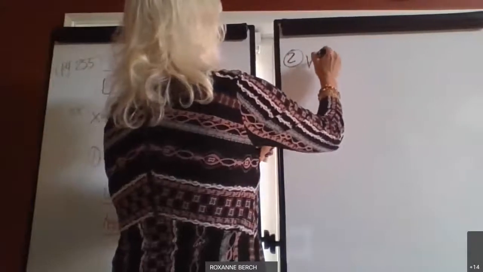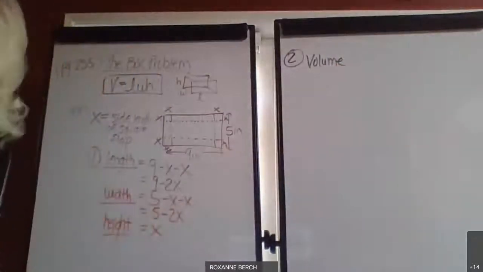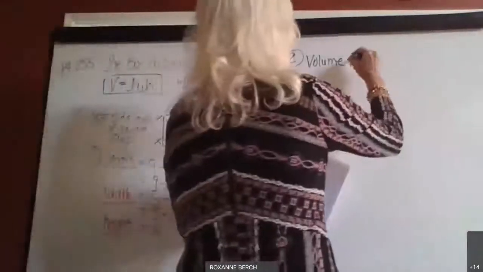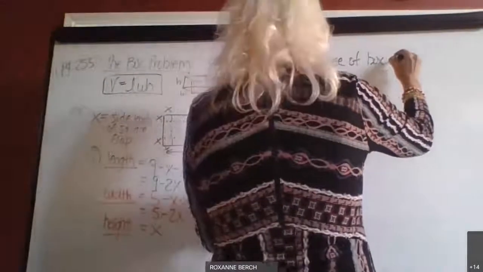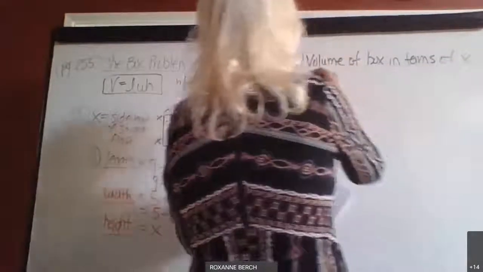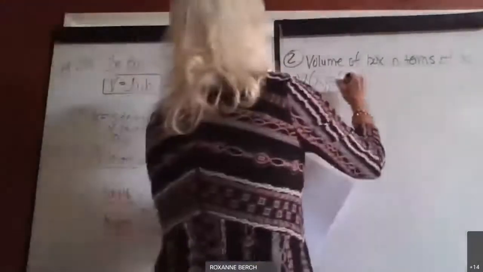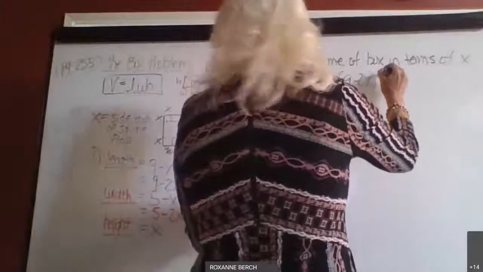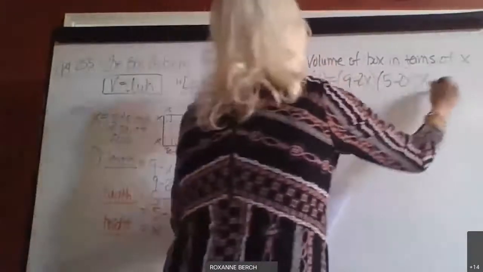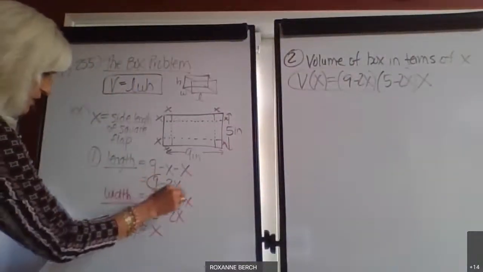So the second thing we want to do is write the volume in terms of x. So the volume in terms of x, or V of x, would be 9 minus 2x times 5 minus 2x times x, wouldn't it? So they're going to ask for all this information.